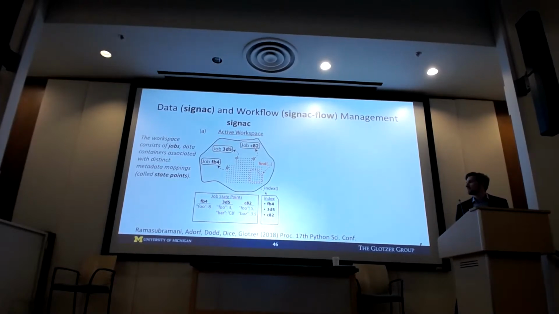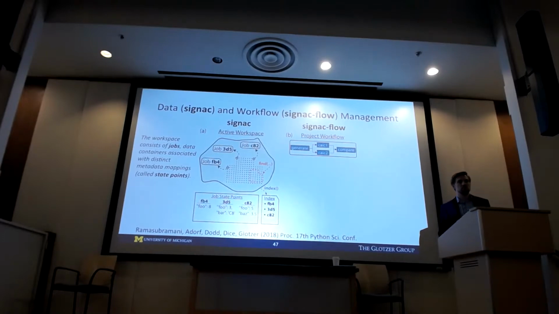The second step is to actually implement workflows that operate on these data. Usually you need to generate this data and then make some modifications or collect results. We want to do this in an automated way, not only for convenience, but also for reproducibility.